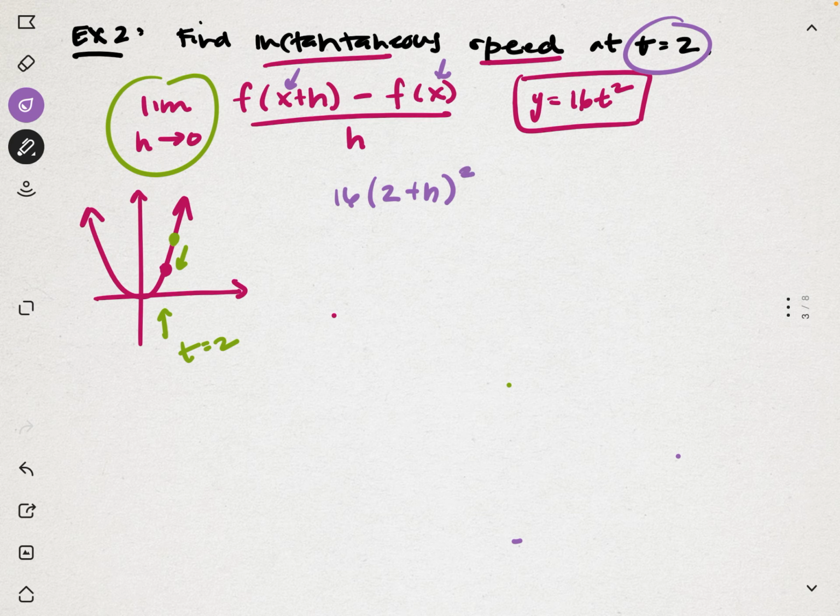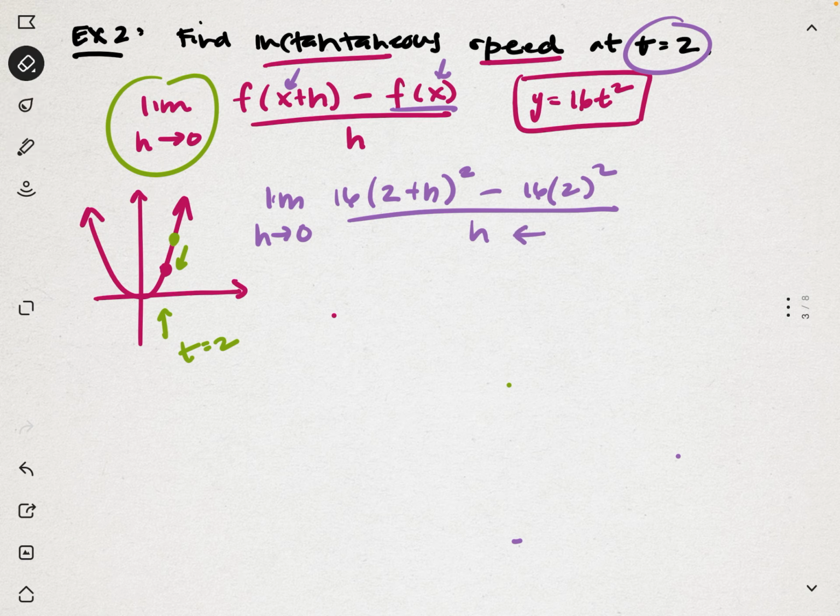And then we're squaring it, minus f of 2, so 16 times 2 squared, over h. Now, the thing to remember is that anytime we're doing a limit, you're allowed to plug in the number if you can. However, if we plug in 0 for h here, our denominator would be 0, and therefore we'd break our math.